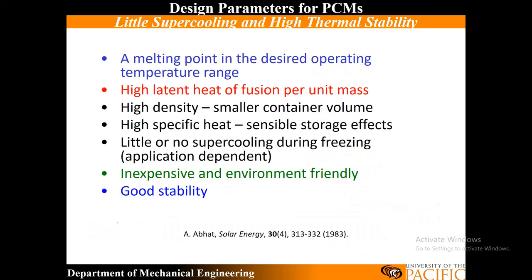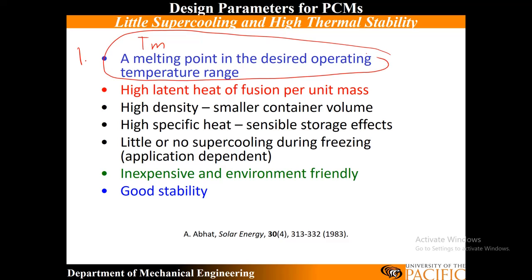in this particular lab. So, what do we want? What makes a good PCM material? Well, the first top priority is a TM that is in the desired operating temperature range. So the TM, the melting temperature of our material, determines where we can operate. Where can the application function?